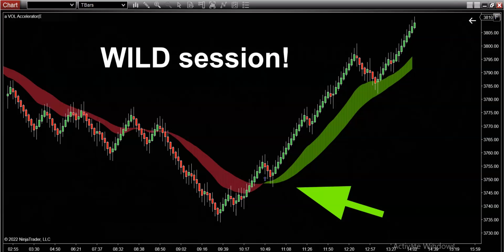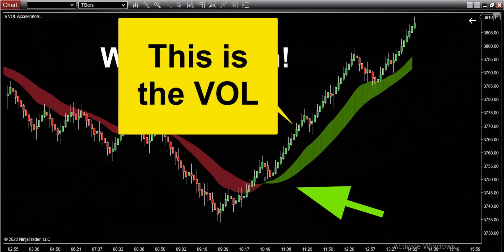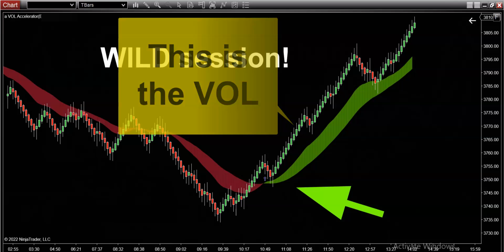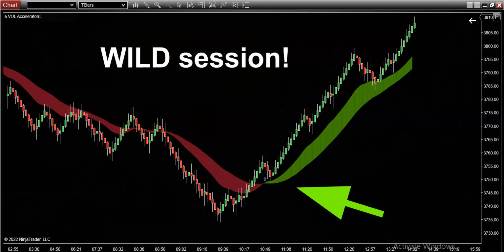Now, the second factor that is part of my strategy, and frankly the most important part, is this color band. This is our volume indicator tool, and what it does is it can potentially detect a trend change in either direction.